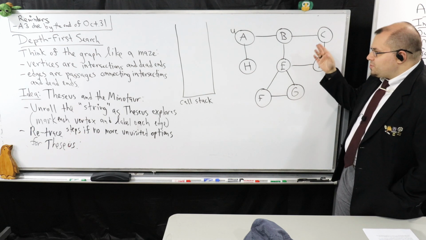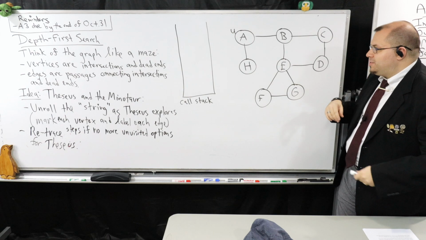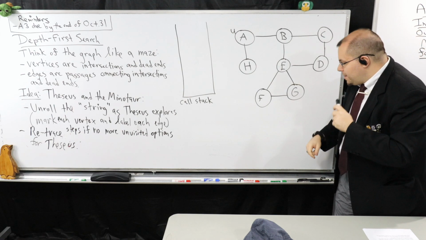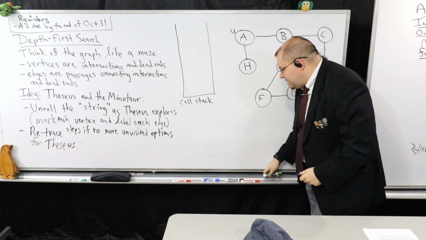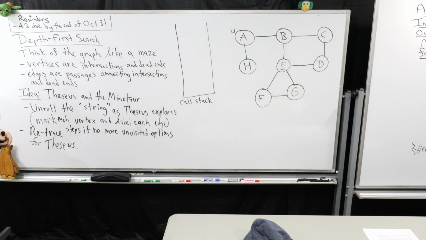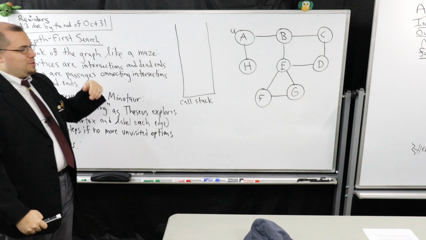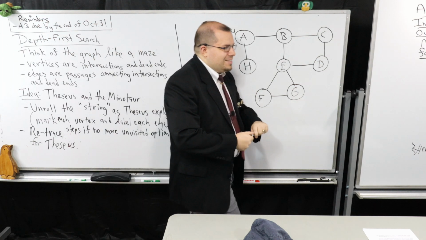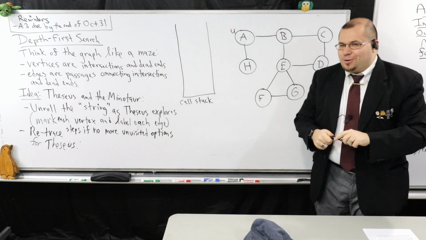I want to walk through this idea by connecting it with what we said before. Theseus is going to explore this labyrinth. Unfortunately, we're going to look at it a little bit easier: I'm just going to allow Theseus to explore the labyrinth without a Minotaur in there, just to be a little bit more G-rated.